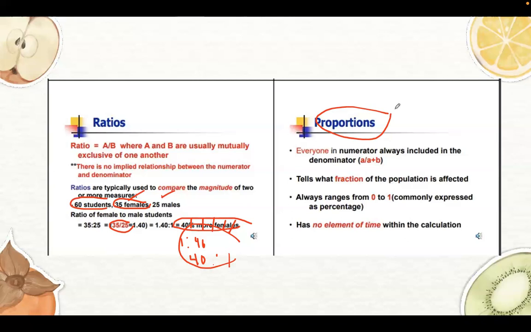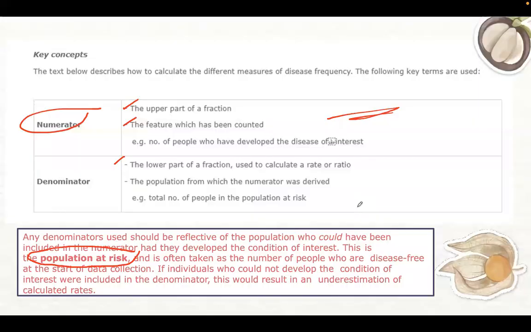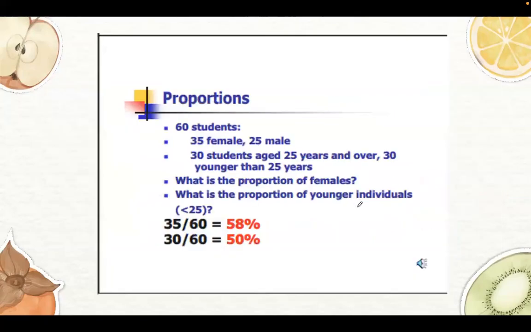It always ranges from 0 to 1 and commonly expressed as percentage. Okay? Again, it has no element of time within the calculation. Kasi kapag meron na tayong time frame na pinag-uusapan, iba na po yung tawag doon. Again, ratio, proportion, numerator, denominator, pakitandaan po yung ibig sabihin.